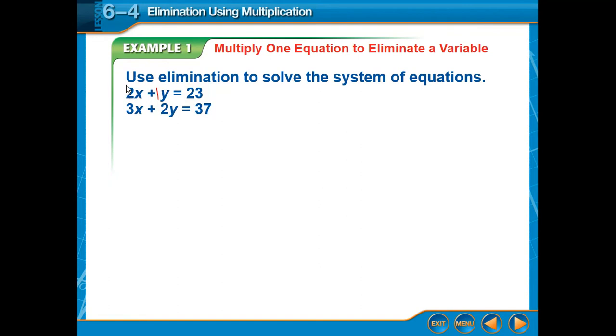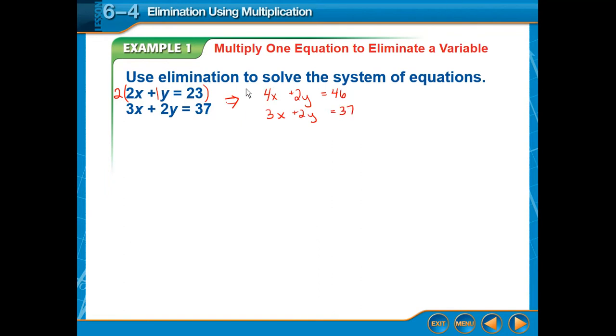But if I multiply that by 2, I have to multiply everything in that equation by 2 in order to keep it balanced. So if you multiply that entire equation by 2, this becomes 4x plus 2y equals 46. And the other equation stays the same, 3x plus 2y equals 37.